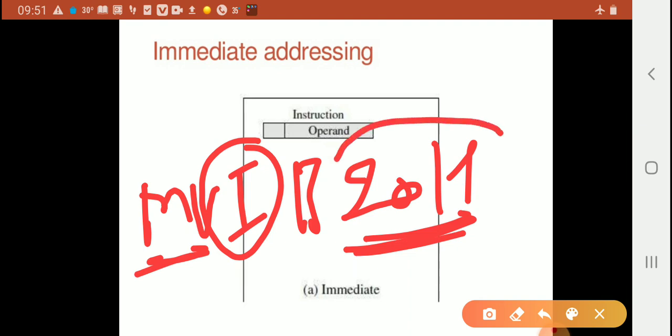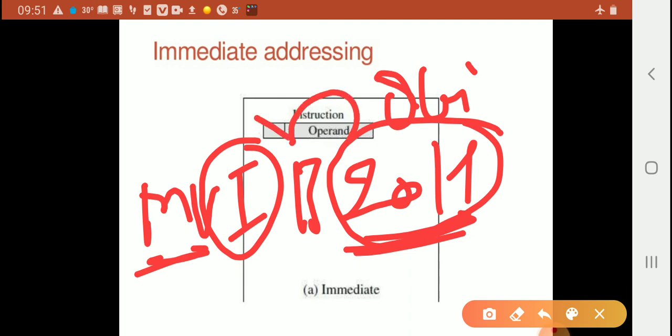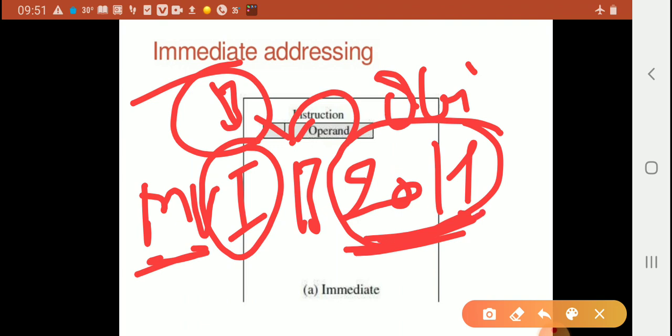Move the 8-bit immediate data 20H into register B. This is the immediate addressing mode.